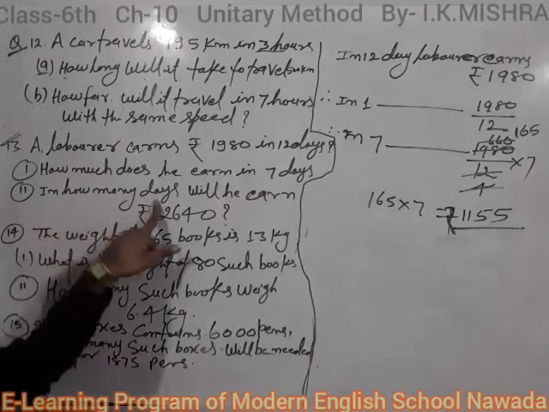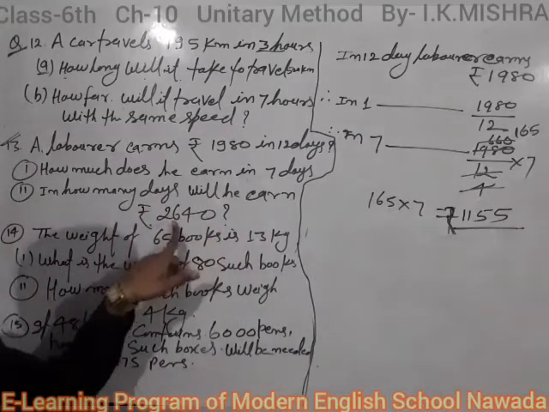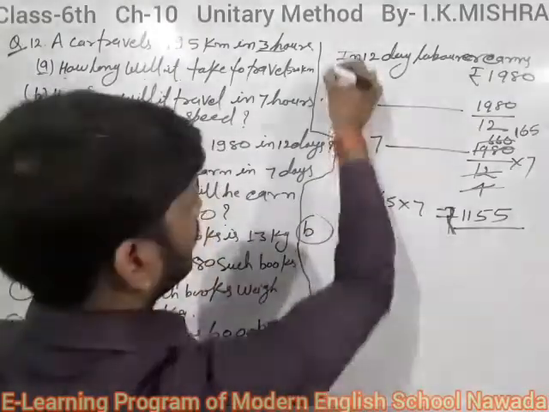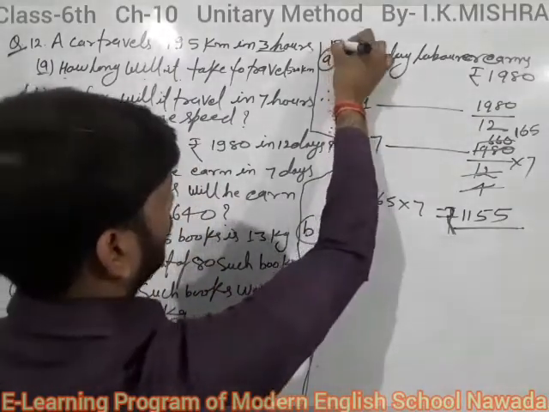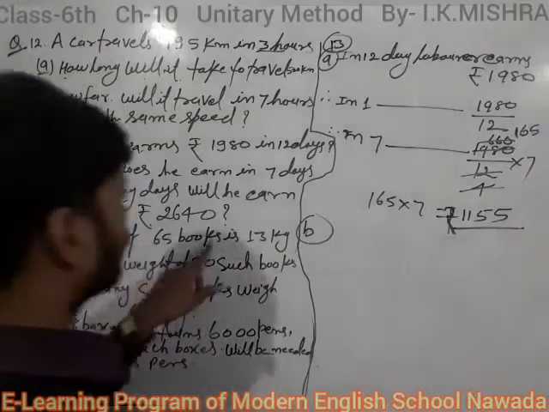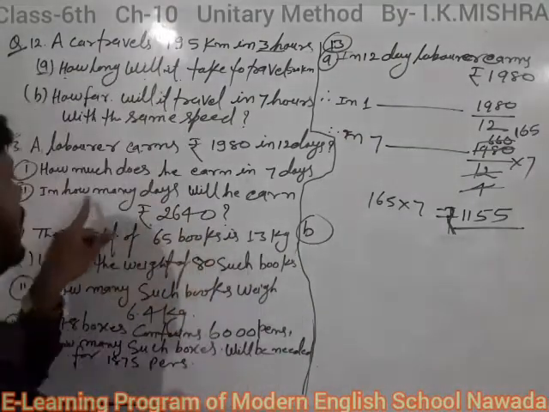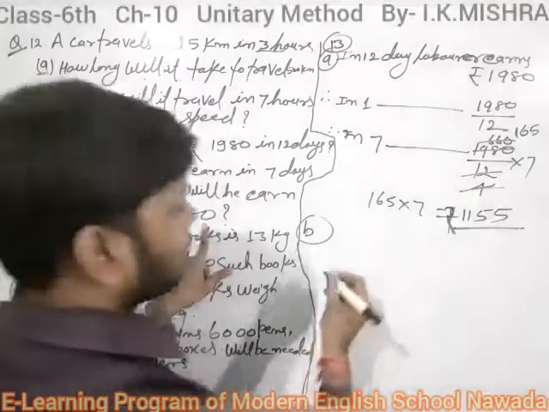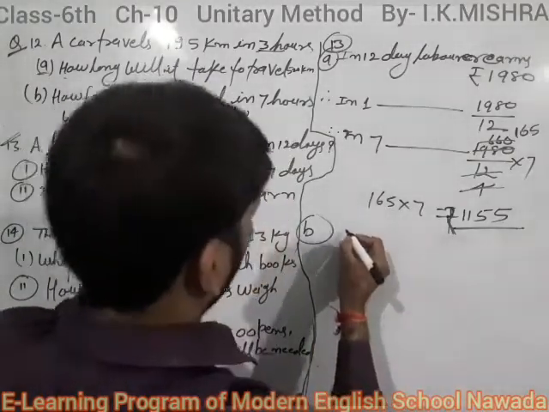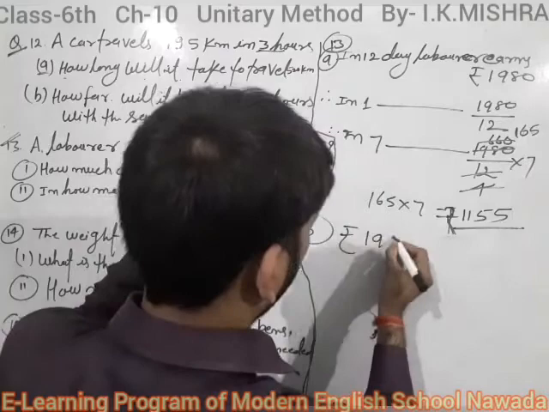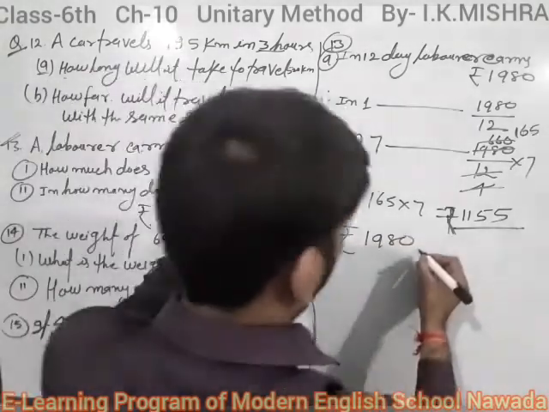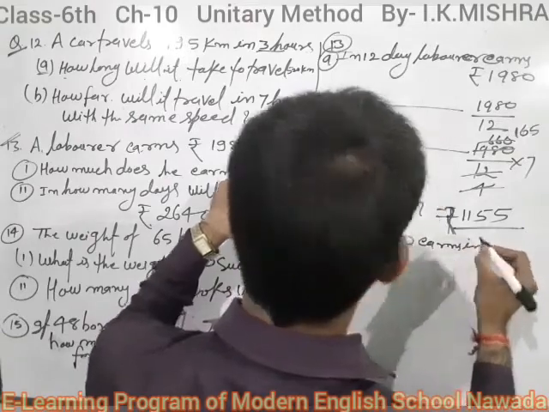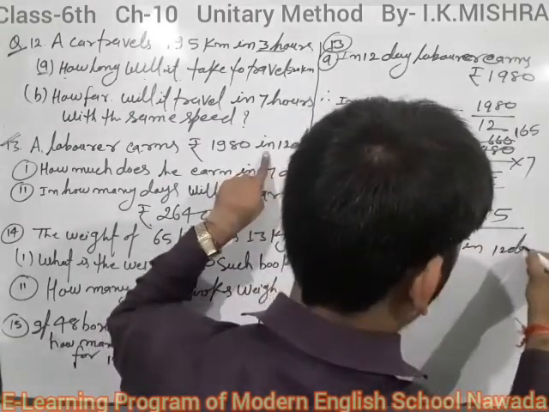In how many days will he earn rupees 2640? Here students, write the statement in the B question of question number 13. Here students, write rupees 1980 earned in 12 days.